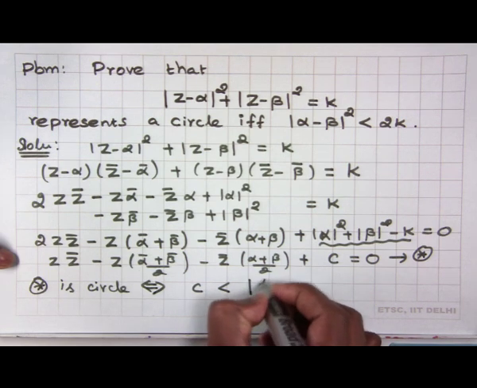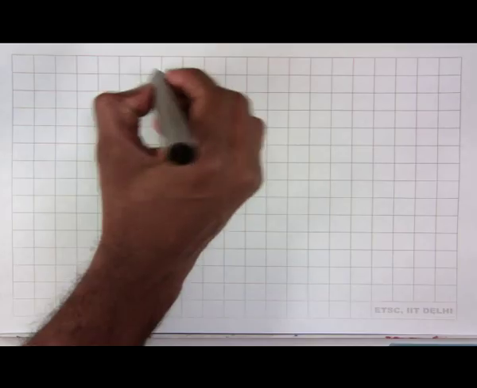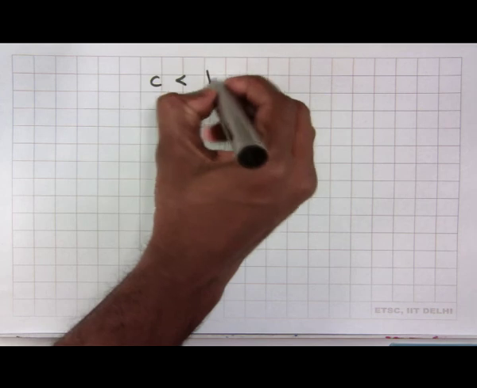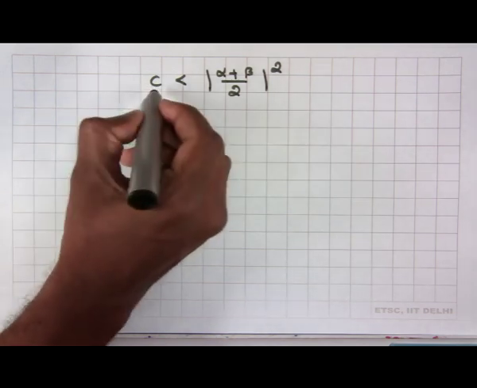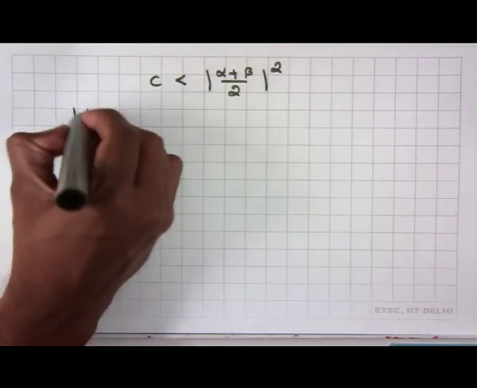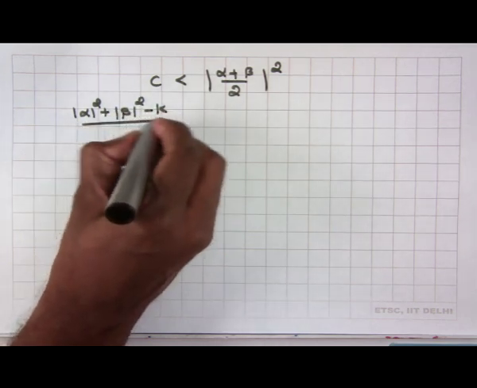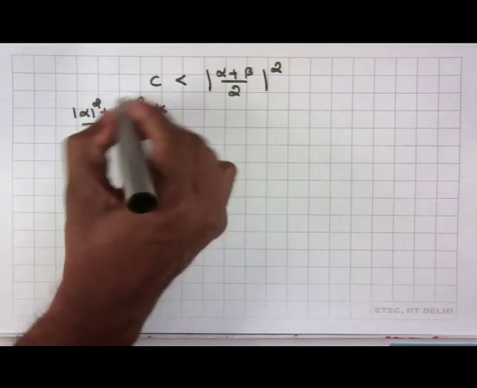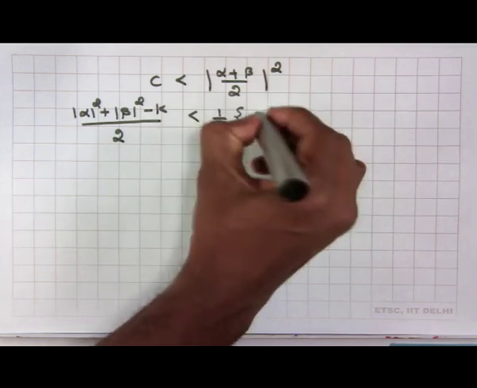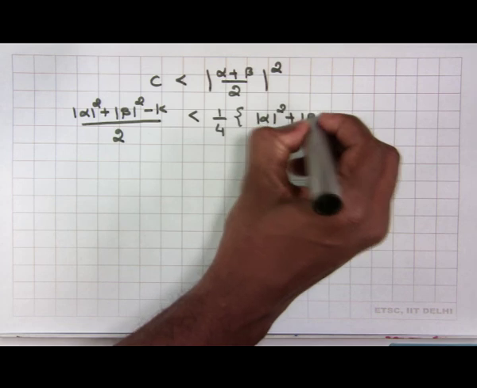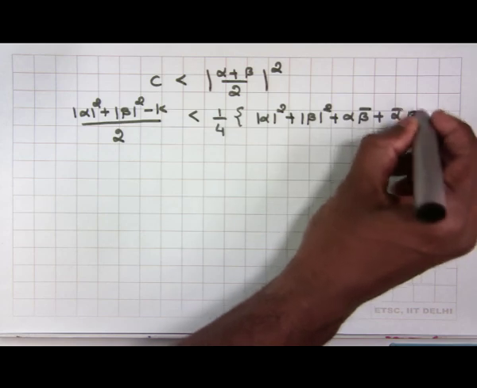So, c is less than |(α plus β) by 2|². Recall what c is: c is |α|² plus |β|² minus k, divided by 2 for the whole expression. So, c is this, and then this is less than 1 by 4 of |α|² plus |β|² plus α β̄ plus ᾱ β.